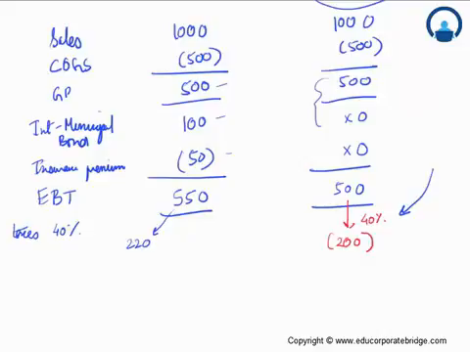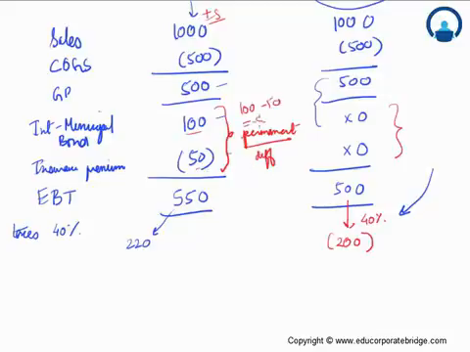Now one thing that we must understand is that this income statement, which is reported to the shareholders, actually includes the permanent differences. These are only reflected in the income statement of the shareholders, but not in the income statement of the tax authorities. So when we talk about 150, this comes out to be 50, and the tax associated with this additional 50 would be equal to 20.